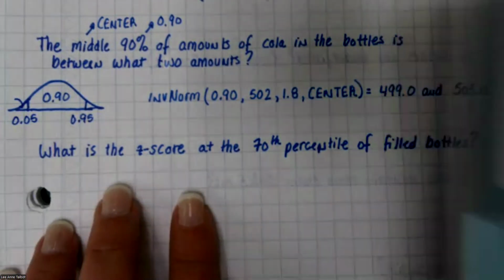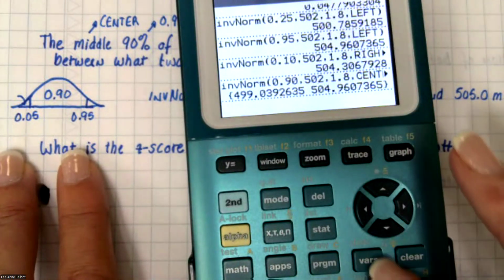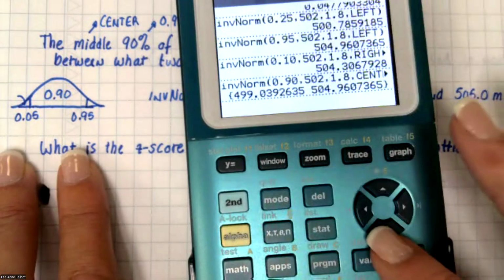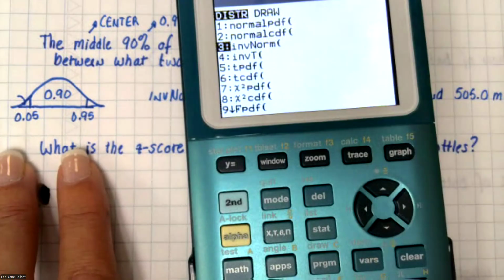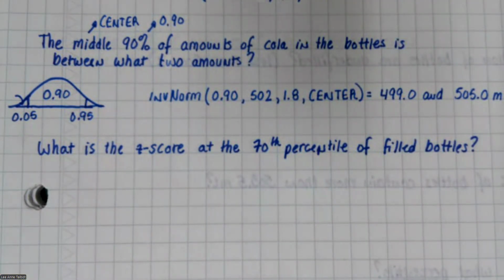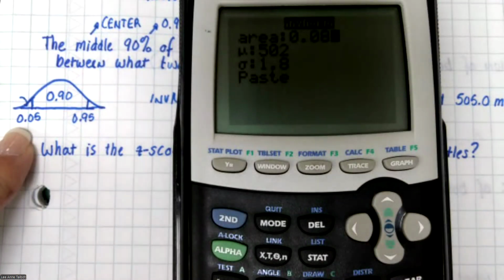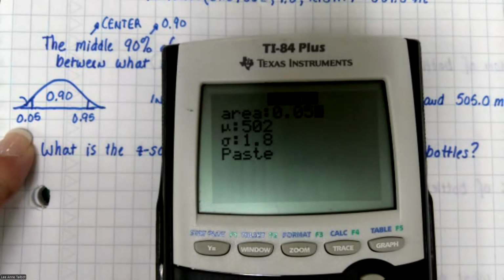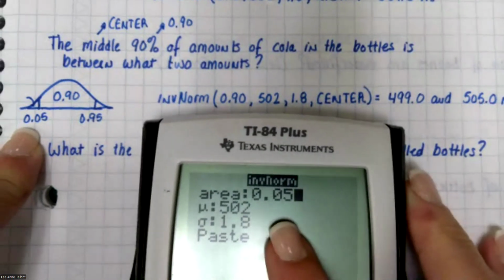Okay, so you're gonna go inverse norm, 0.05, mean, 0.05.